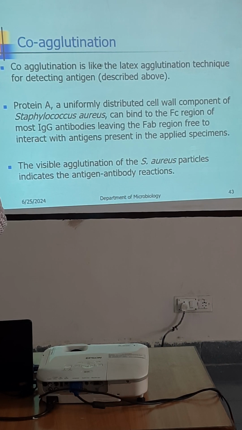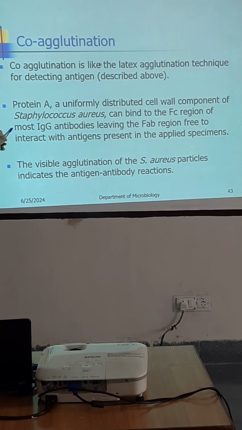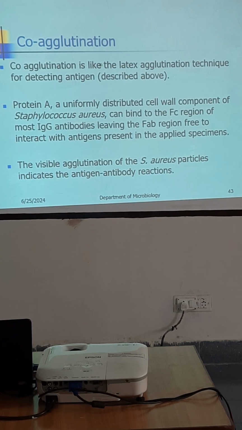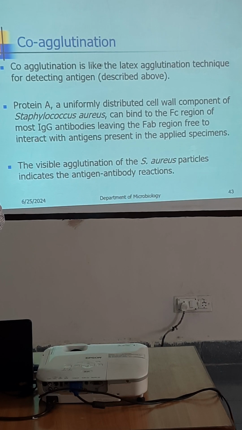As I described, the antibody is Y-shaped, and the lower portion of this Y is the Fc region. Protein A binds to these antibodies, mostly IgG, leaving the Fab region, that means the antigen-combining sites, free to interact with the antigen present in the suspension.